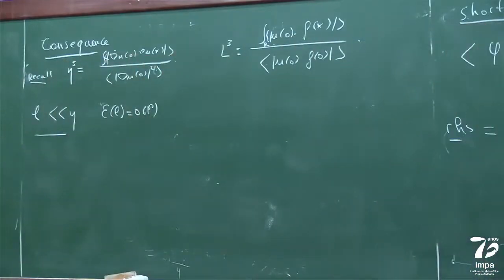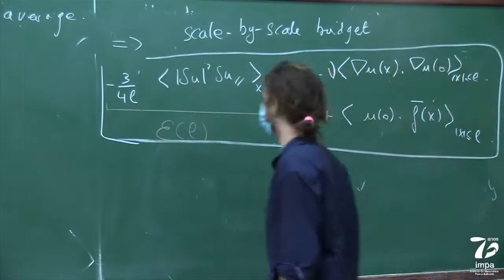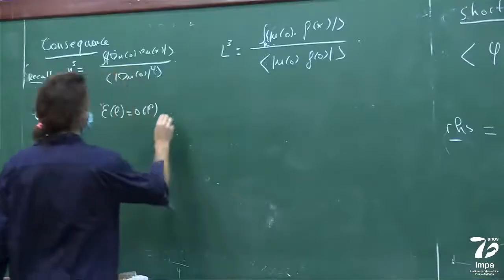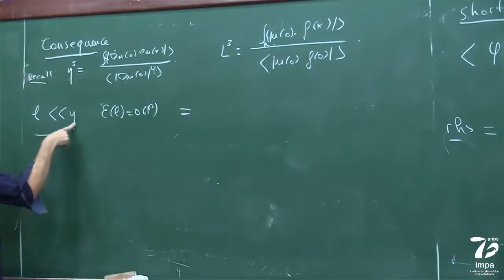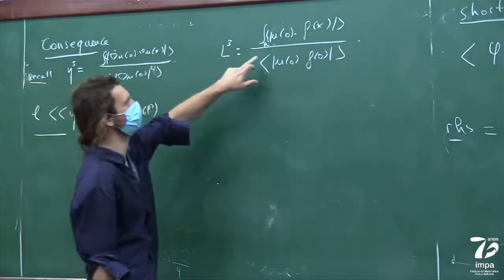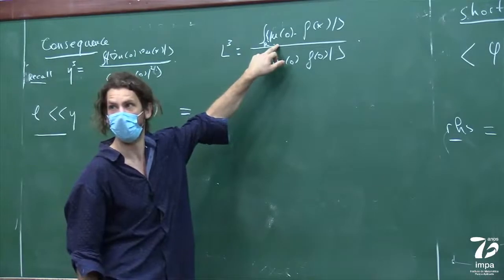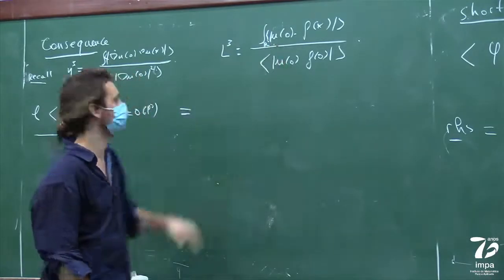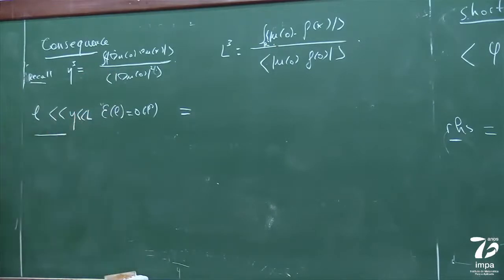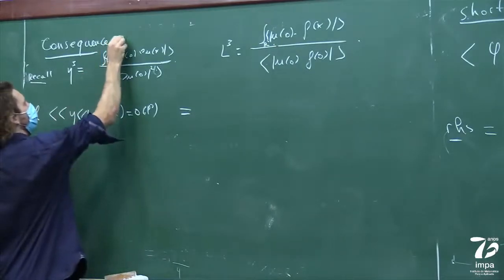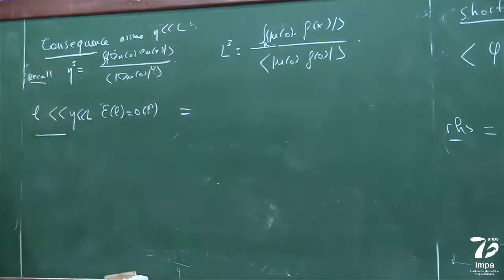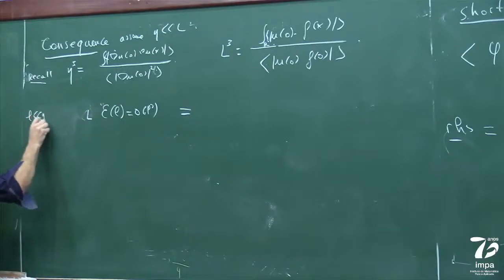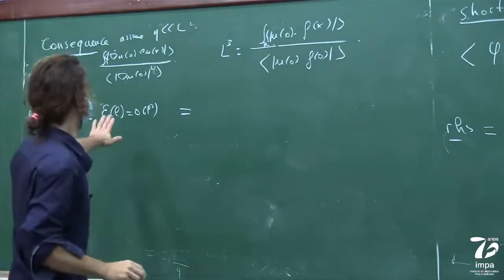And then you have those two terms. On the one hand, since we are very small compared to the correlation length of the gradient, and we are very small compared to the correlation length of the forcing, we will assume eta smaller than L. Then you have 0 here.